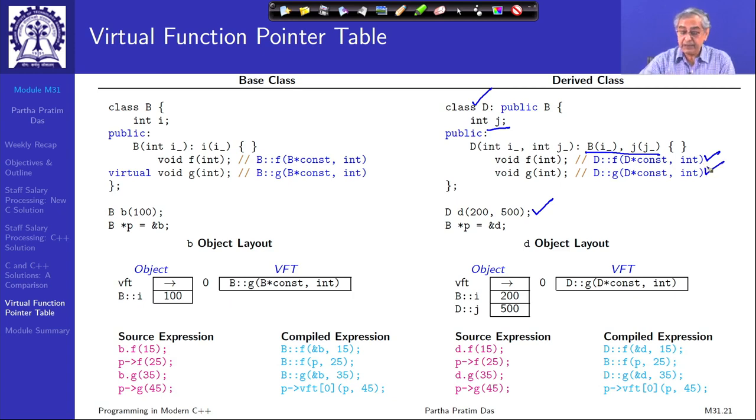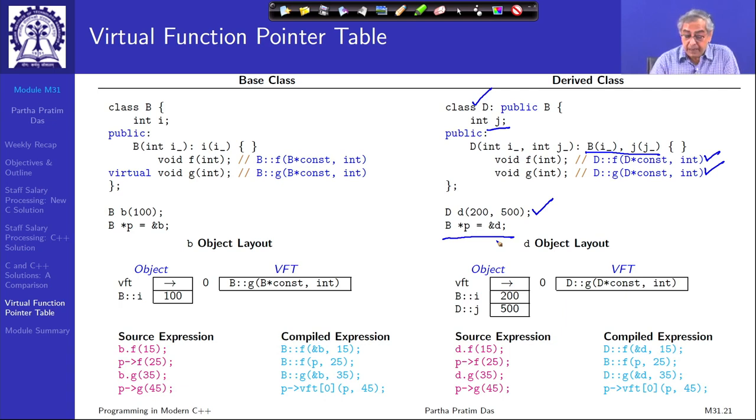It also overrides the virtual function g from B. Right? So, it has these two functions now. I make a B pointer taking the address of the D object. Now, the pointer static type is B, dynamic type is D.